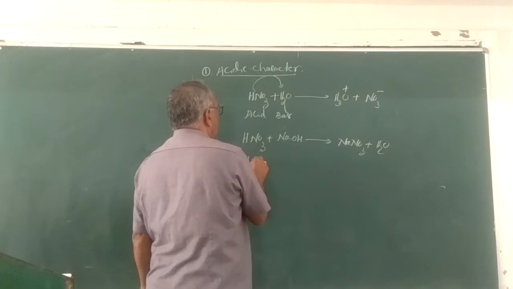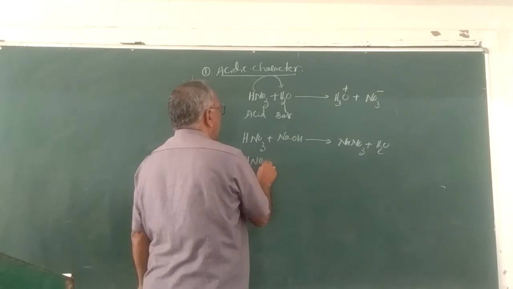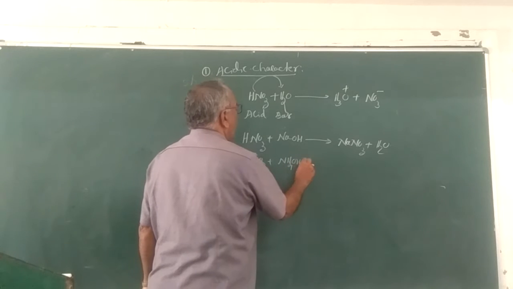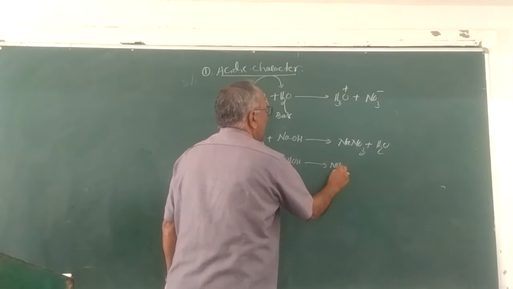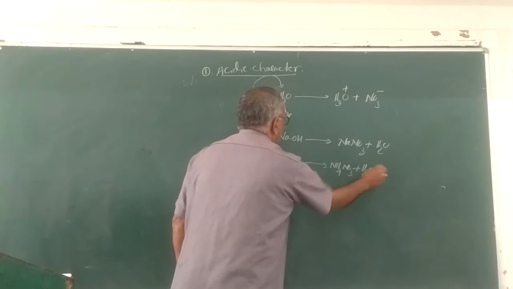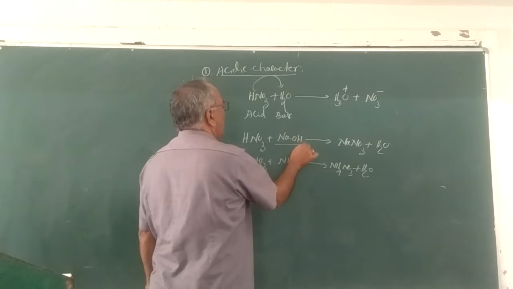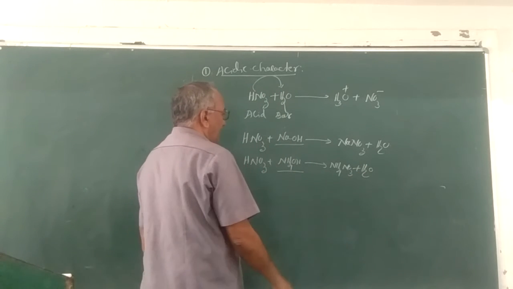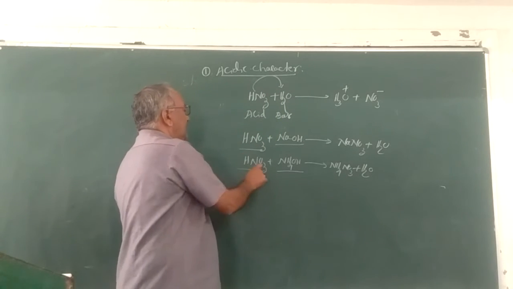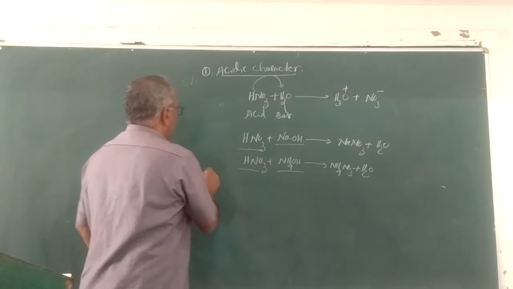Similarly, nitric acid readily reacts with ammonium hydroxide to form ammonium nitrate and water. Sodium hydroxide is a strong base, this is a weak base. So by this property, we readily say that nitric acid shows acidic character.